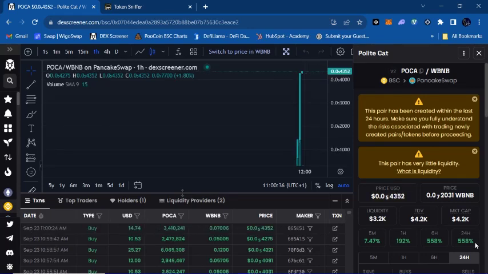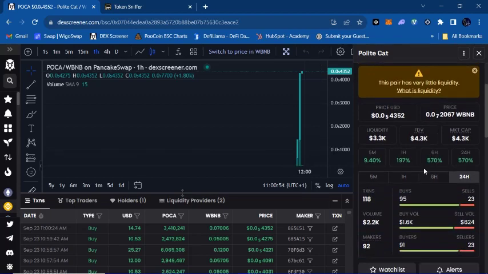Now, in the last 24 hours, it has made over a 558% increase. That is 6x that we're talking about. And as you can see, it was created within the last 2 hours.